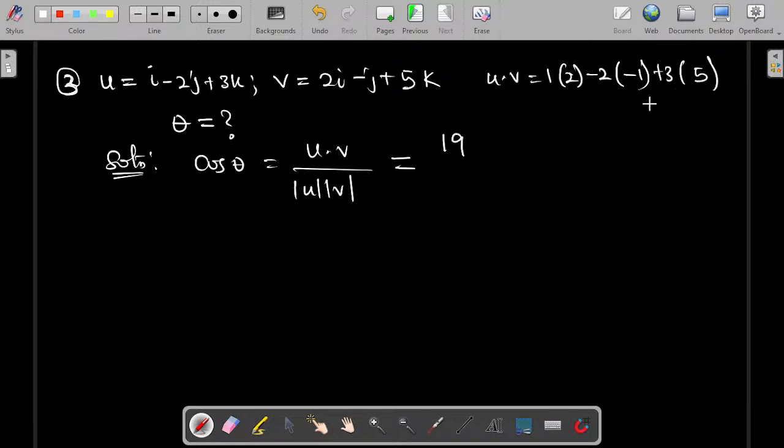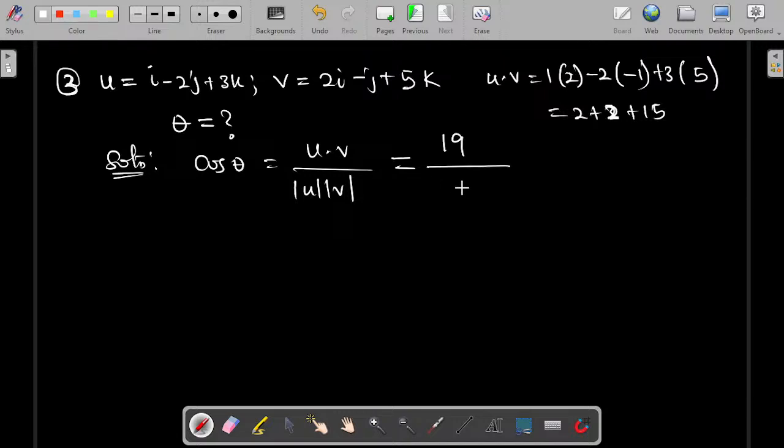So if you multiply this, you should get 2 plus 2 plus 15, which is 19. Chris says 19.